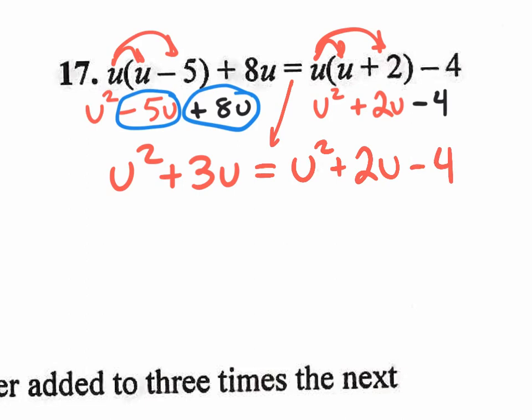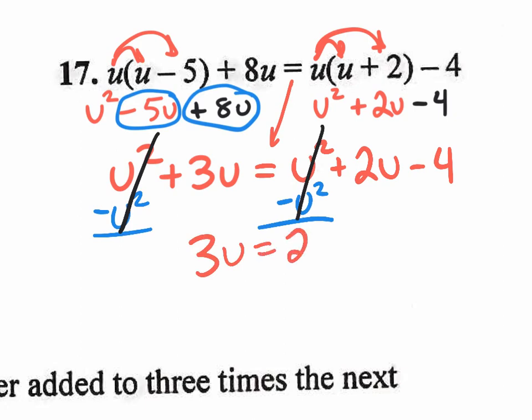Now let's worry about getting u by itself on one side. I want to start by moving this u squared over to the other side by subtracting u squared. And when you subtract, it'll cancel out there. But when you subtract over here, it's also going to cancel out. So my new equation is 3u equals 2u minus 4.